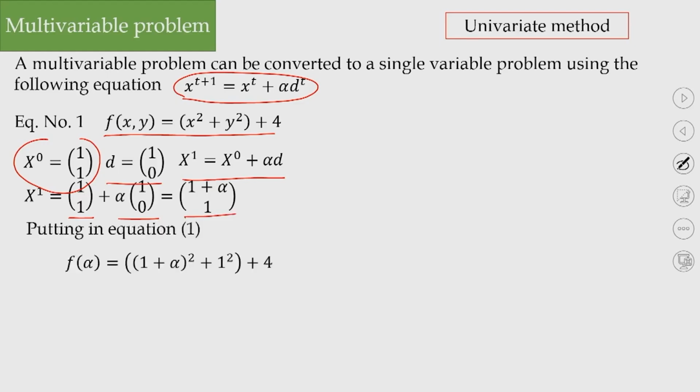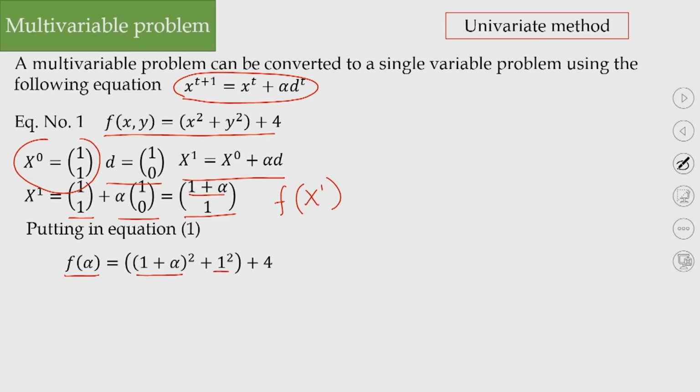Now, I am putting this in f, basically I am putting in x1. So, f of x1, I can write in terms of alpha, so my function will be f(alpha). So, this is (1 + alpha)² + 1 + 4. That means in x1, x is 1 + alpha and y is 1.